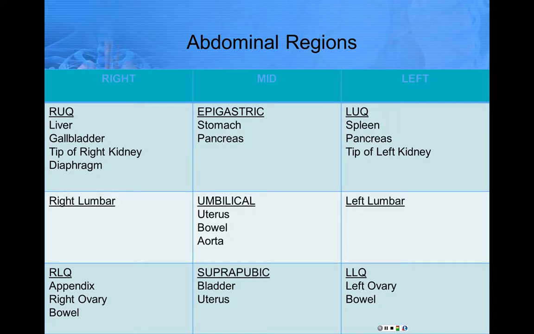In the umbilical area, we have the uterus, the bowel, and the aorta. Left lower quadrant is either the left ovary or the bowel. Right lower quadrant, the appendix, right ovary and bowel, and then, of course, the suprapubic includes the bladder and the uterus.